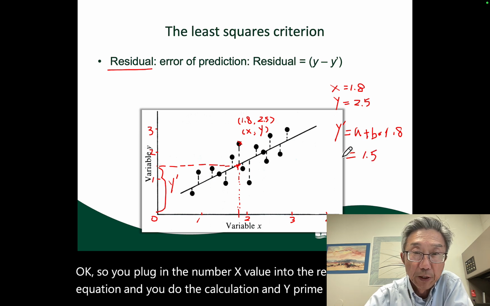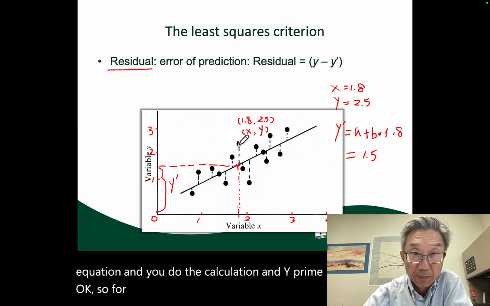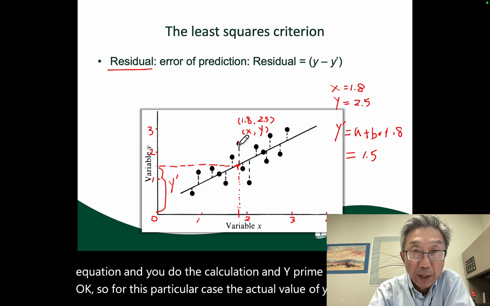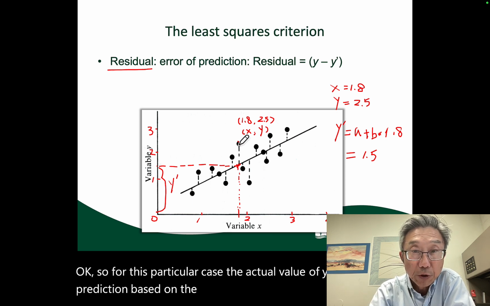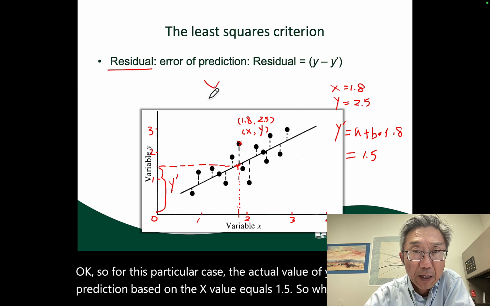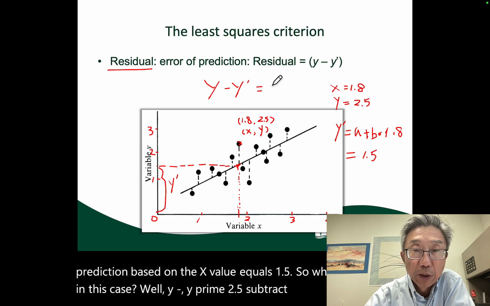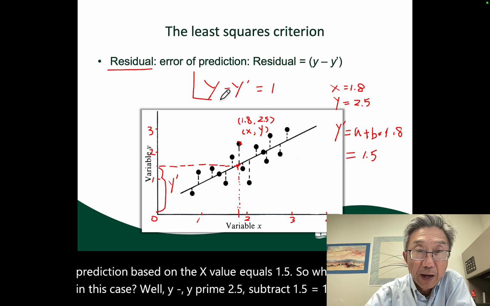Okay, so for this particular case, the actual value of y equals 2.5, and our prediction based on the x value equals 1.5. So what is y minus y prime in this case? Well, 2.5 subtract 1.5 equals 1. So what is that value 1?